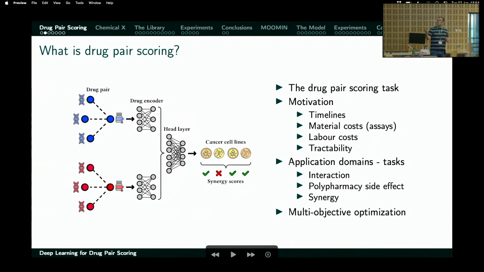And you have a head layer which takes this representation of the drug pair, and finally it can take the representation of some biological context, for example, a cancer cell line, and you can make a prediction. So that's the task that you are trying to solve. Obviously, it comes with data where you have triples, where you have drug A, drug B, and some sort of context, and for that triple you have a label.